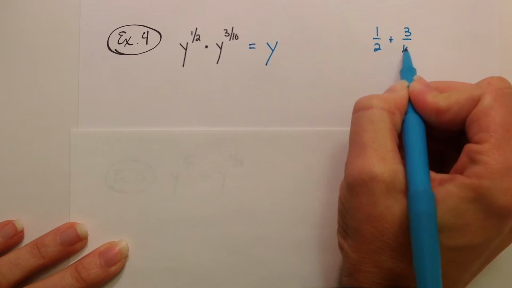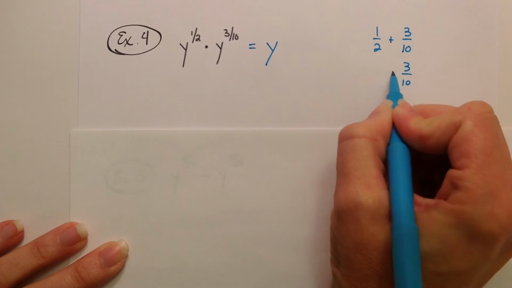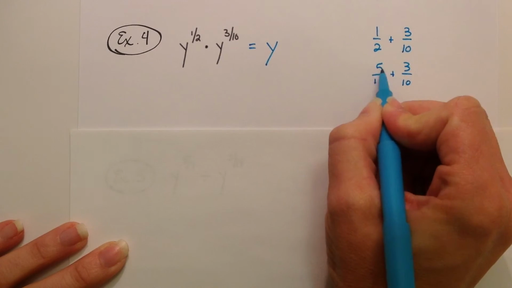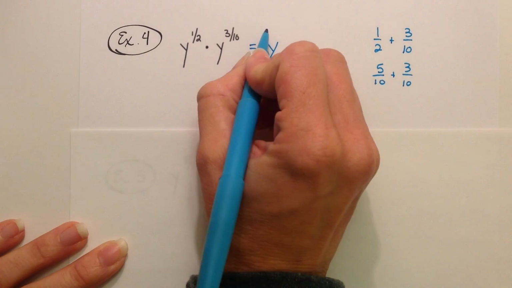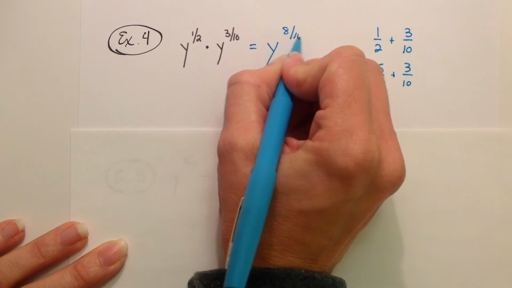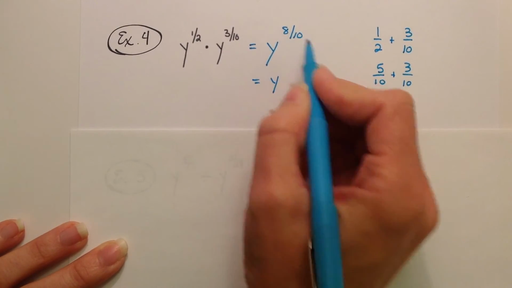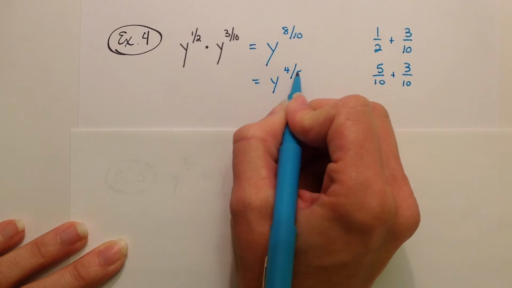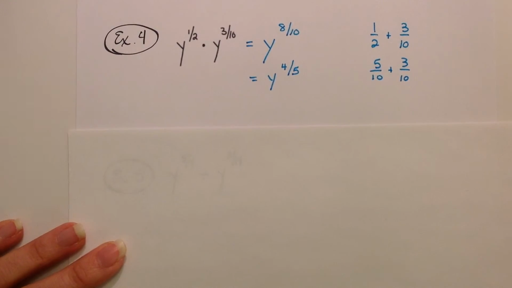You've got a calculator, that'll help you out with this. You would have to get a common denominator of 10. So you're going to end up with 5/10 plus 3/10, which is going to give us 8/10. Of course, each of those you could reduce by 2. So your final answer, you would have y to the 4/5. Like I said, use a calculator to help you out with the fractions if need be.